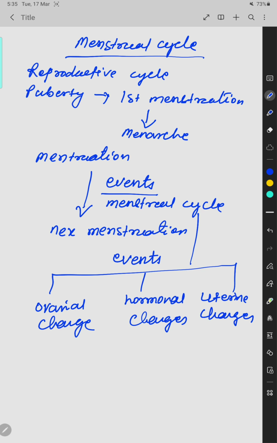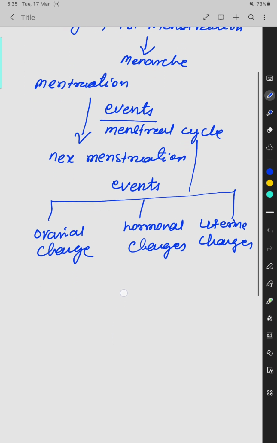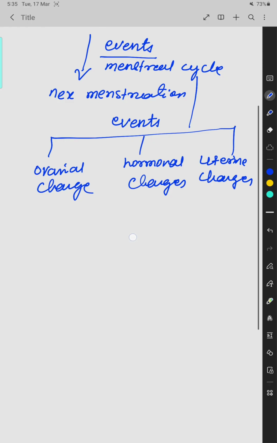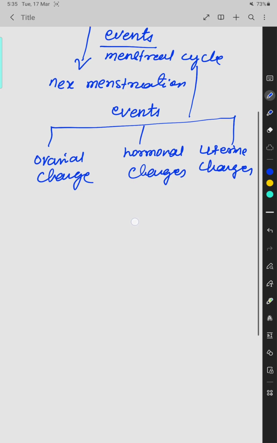And the menstrual cycle is divided into 3 phases, and these are the phases of the menstrual cycle.